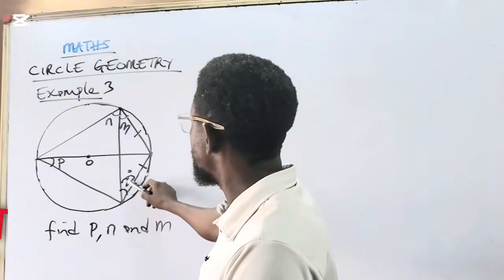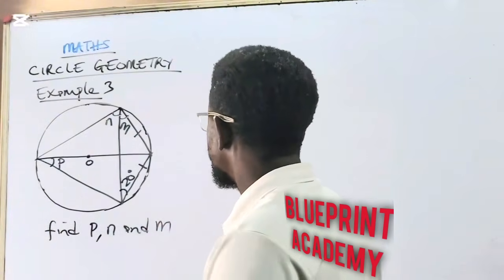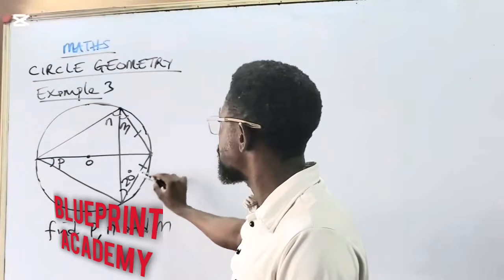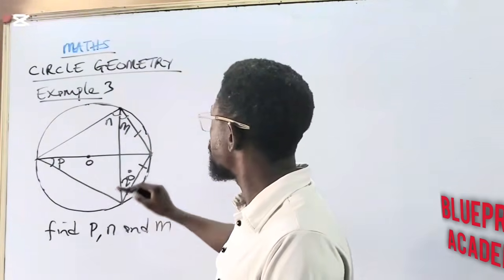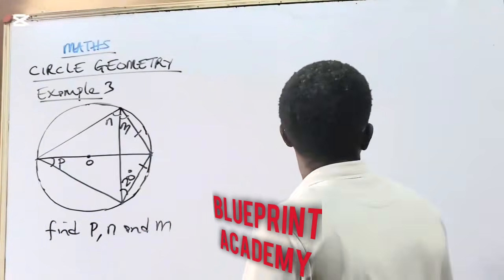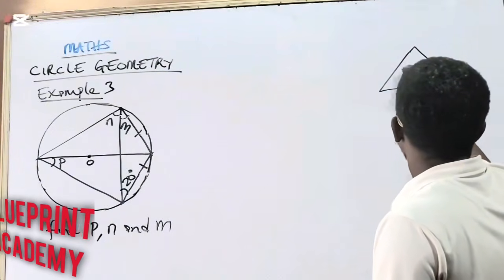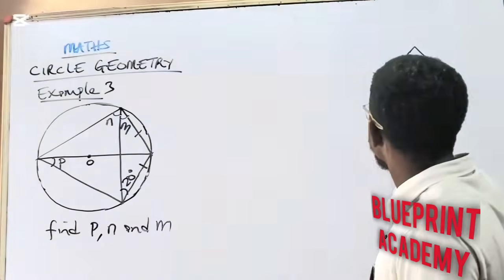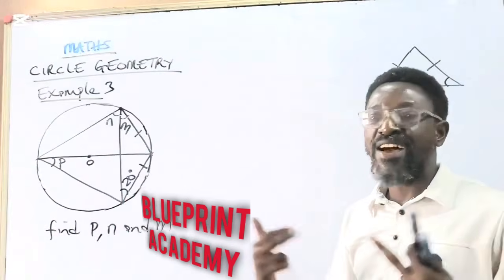This is angle 20. You see this symbol here? It means that this side of the triangle is equal to this side. That's the meaning of this symbol. So that means M is equal to 20. This one is base angles. We said for an isosceles triangle, the opposite sides are equal, so the base angles are also equal.